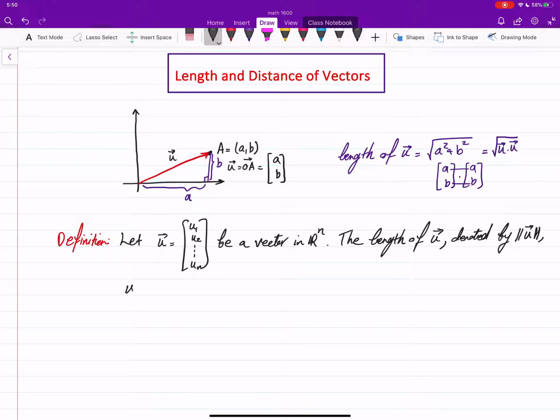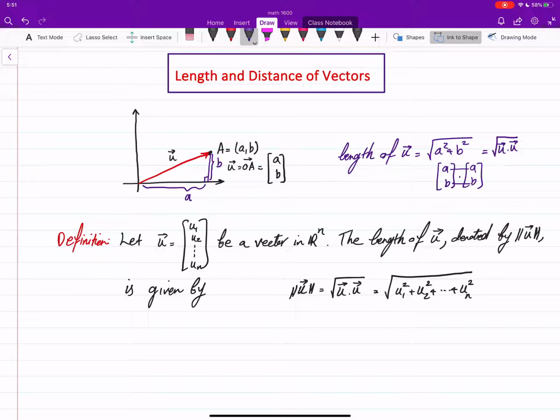It's given by, well, now you know, we are going to define it as the square root of u dot u. That tells me the first component squared, second component squared, and add all of them up to the nth component squared. That is the definition of the length, and we will use that formula.